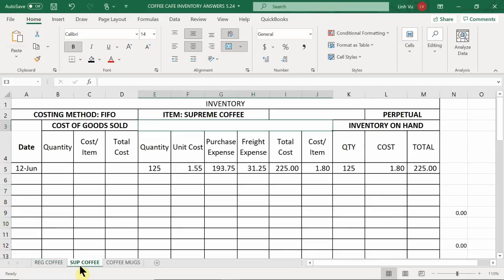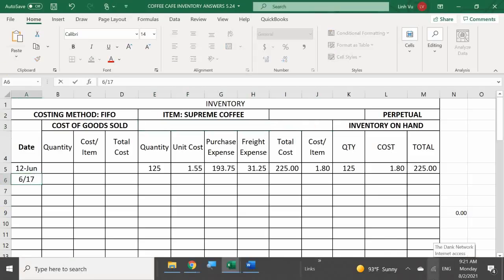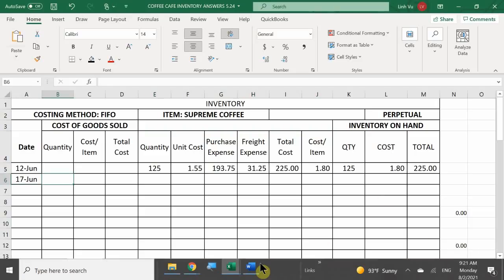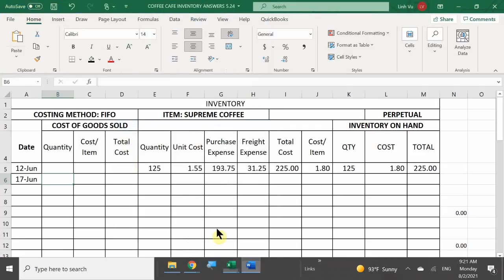Now I'm going to move into my Supreme coffee. How many pounds of the Supreme coffee did I use? 15.5, or 15 and a half pounds.